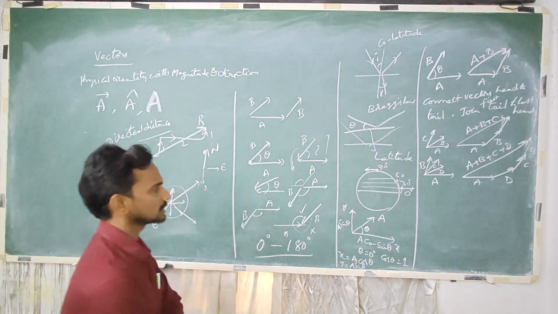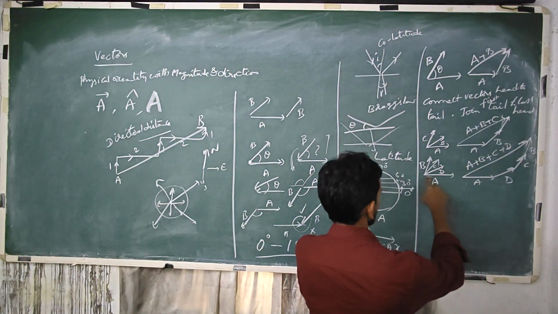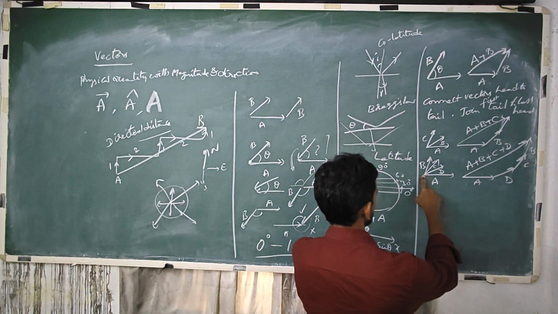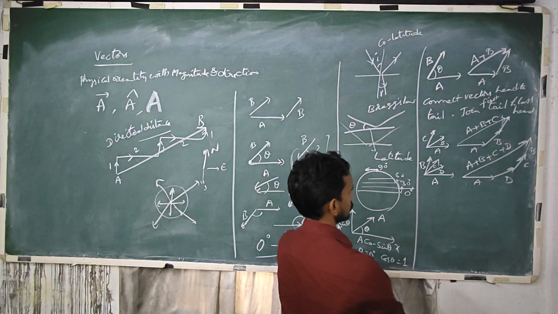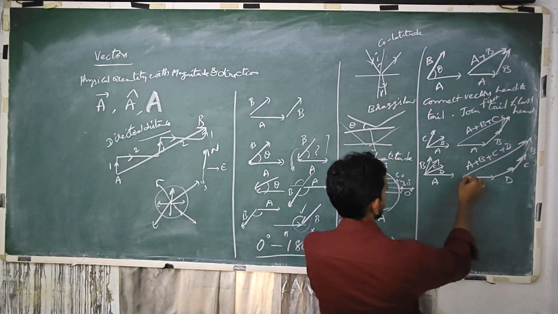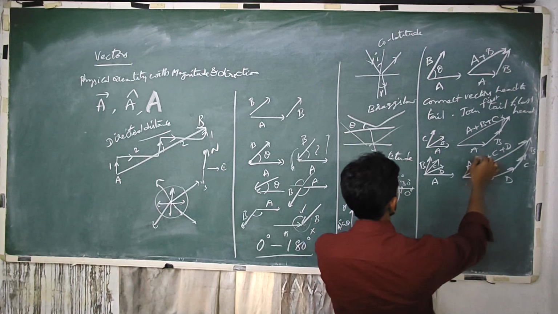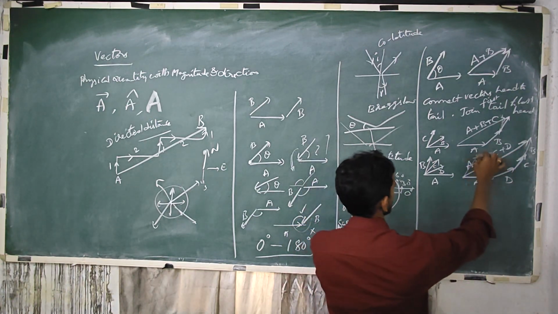So basically order doesn't matter. Let's say if you are starting by adding A plus D, instead of A plus D you can even add A plus B. Let's say you are adding A plus B. What is the result?